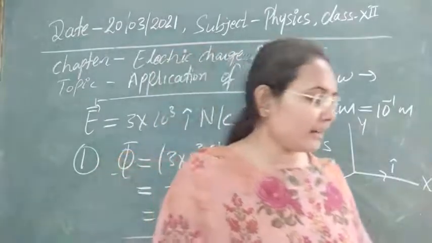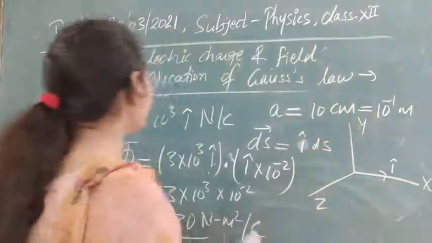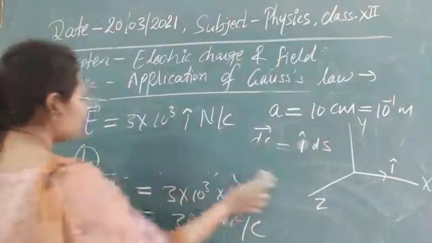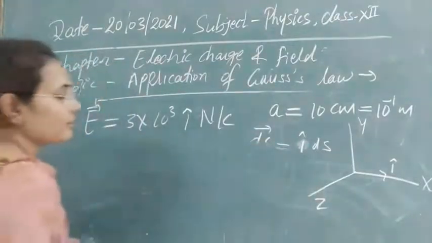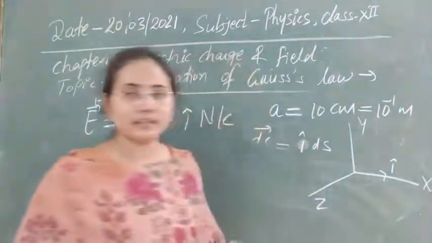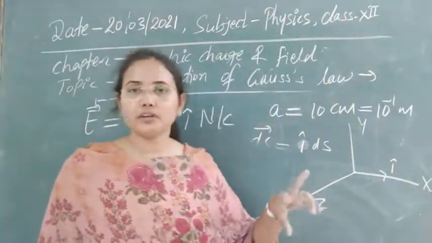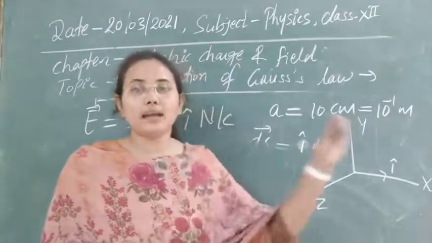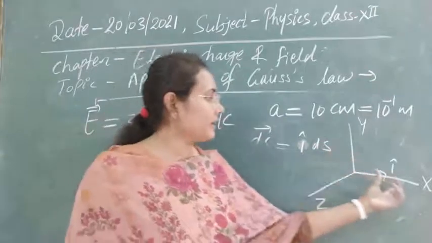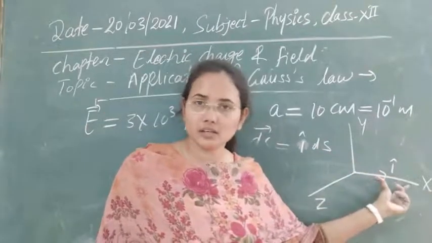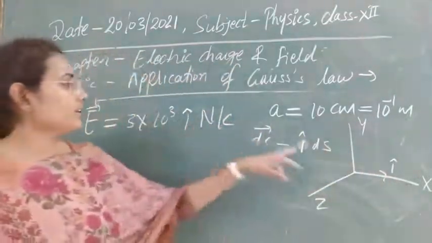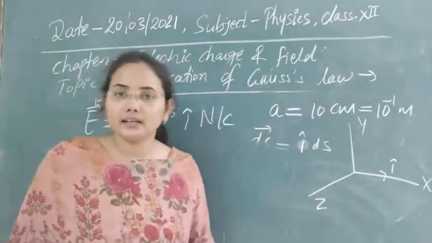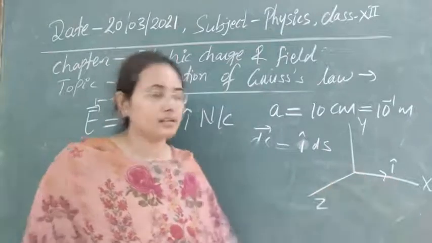So the normal to the loop is along the x-axis, and the area vector direction is already given, along the x-axis.